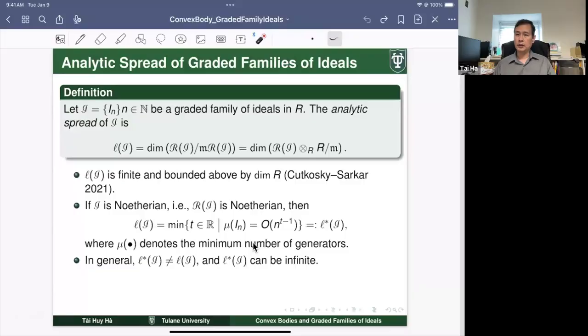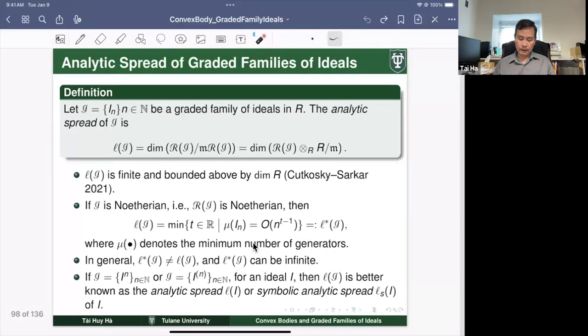Unfortunately, in general, the two notions are not necessarily the same. In fact, even though this is always finite, this can be infinite. If we again start with the obvious family, the family of ordinary powers, or the family of symbolic powers, then these are just the commonly known analytic spread of the ideal, or the symbolic analytic spread of the ideal.